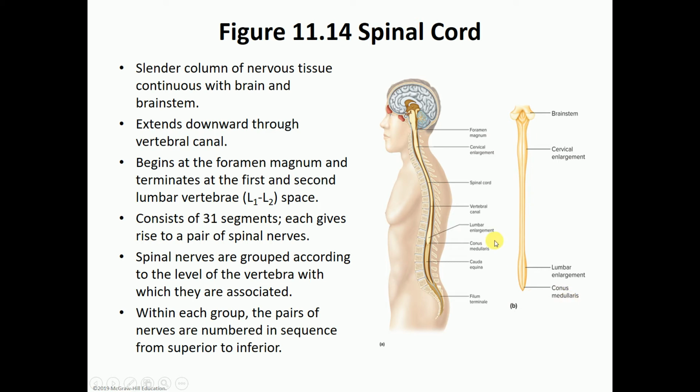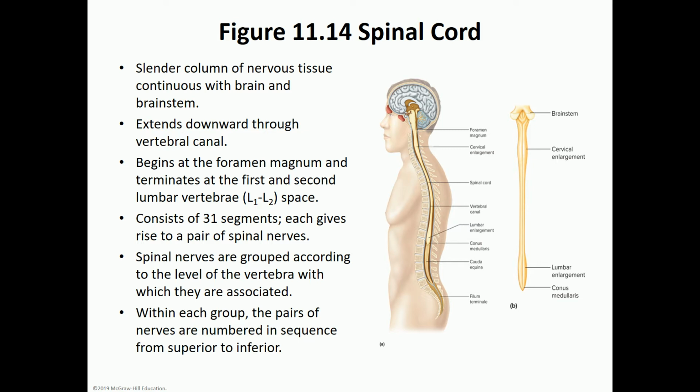We divide the spinal cord into segments. Just like we had for the vertebrae, for the bones, we had a cervical area, thoracic, lumbar, and sacral. Well, that's pretty much the same thing for these segments of the spinal cord. We have cervical, thoracic, lumbar, sacral, and coccygeal.